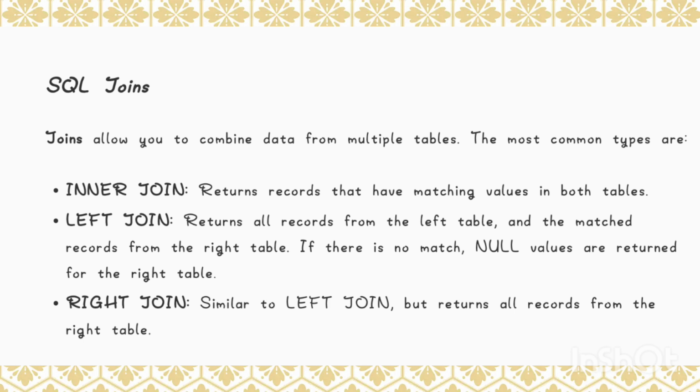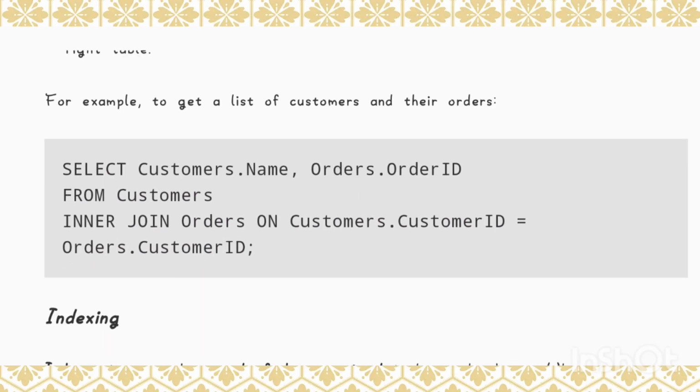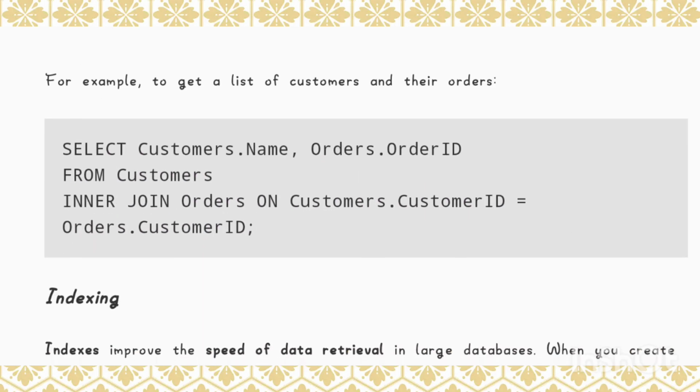Right join is similar to left join, but returns all records from the right table. For example, to get a list of customers and their orders, SQL: SELECT customers.name, orders.order_ID FROM customers INNER JOIN orders ON customers.customer ID = orders.customer ID.